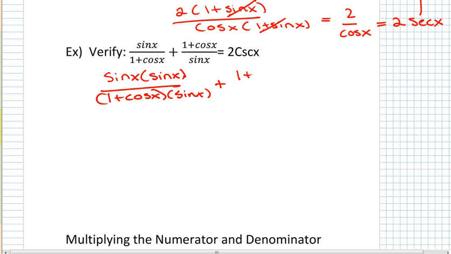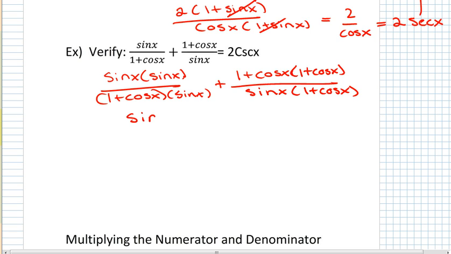And 1 plus the cosine of x over here, to get the common denominator. When you do that, you get sine squared, and then here you get 1 plus 2 cosine x plus cosine squared when you FOIL.